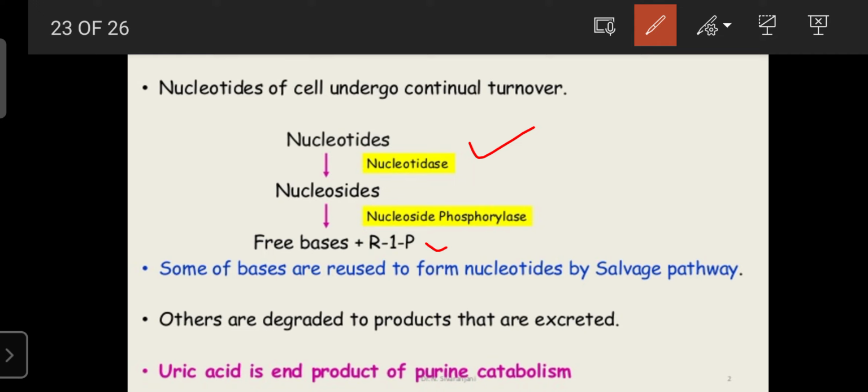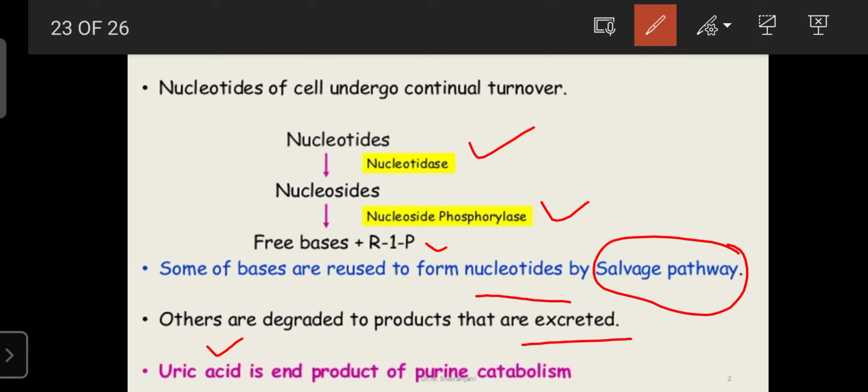Some bases are reused for formation of nucleotides by the salvage pathway, and other products are degraded and excreted. The end product of the degradation of nucleotides or purines is uric acid. Only a few are reused for synthesis of purines, and the remaining are catabolized into uric acid, which is excreted through urine.